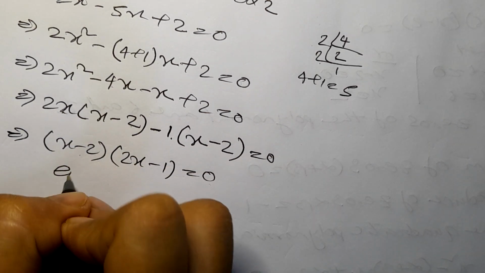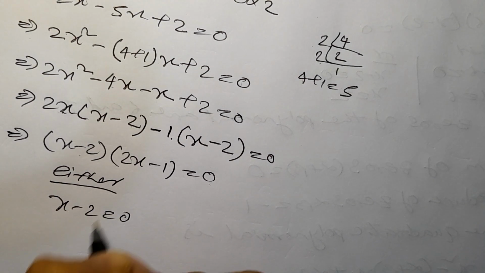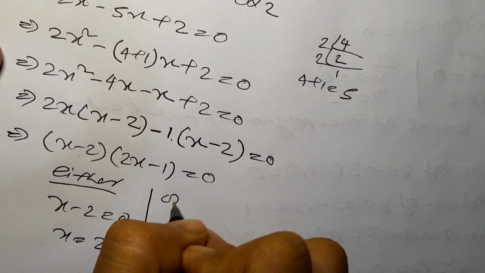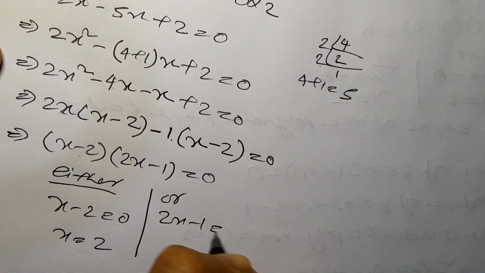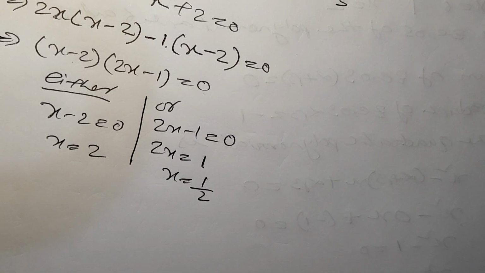Now either x minus 2 equal to 0, so x equal to 2, or 2x minus 1 equal to 0, so 2x equal to 1, x equal to 1 by 2.